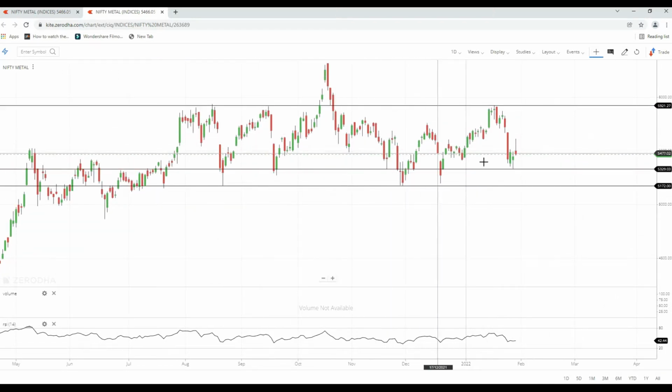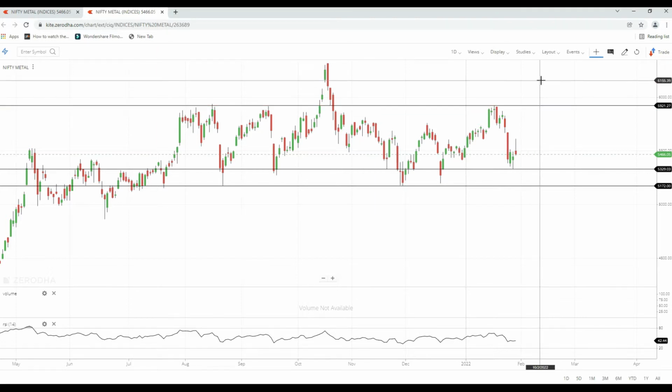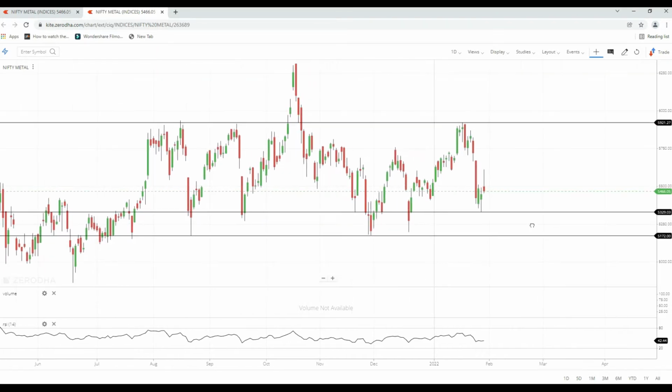Now it is in the consolidation range. If this sector has to make a run, it has to break on either side. Either it breaks its support, and then the whole sector will go down, or it gives a breakout above the 5,000 or 6,000 level, and then you can see a huge rise.